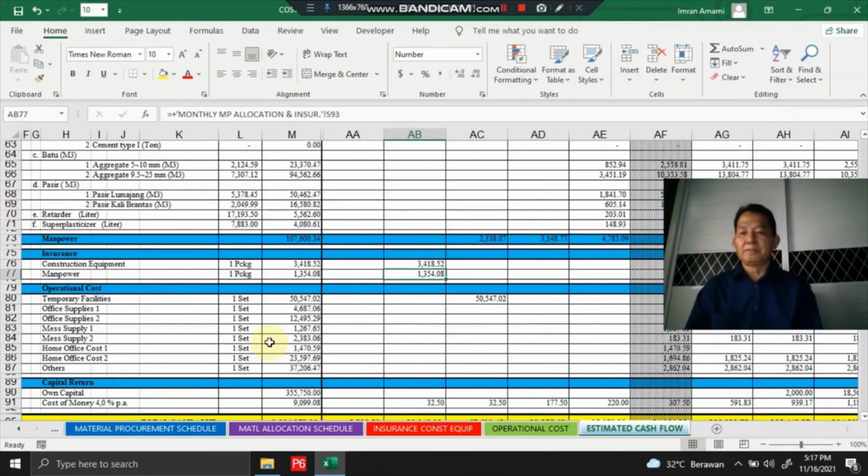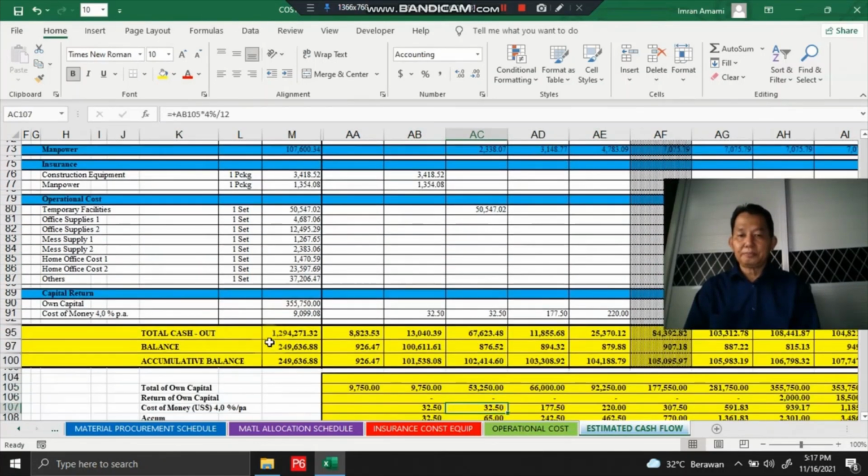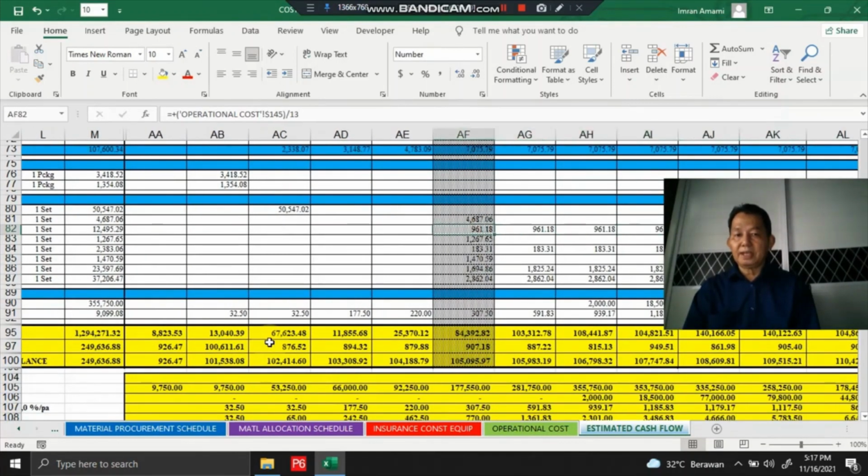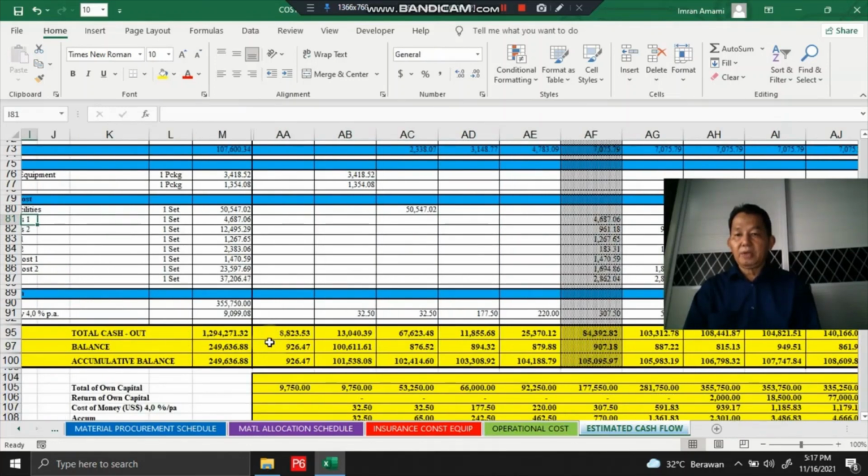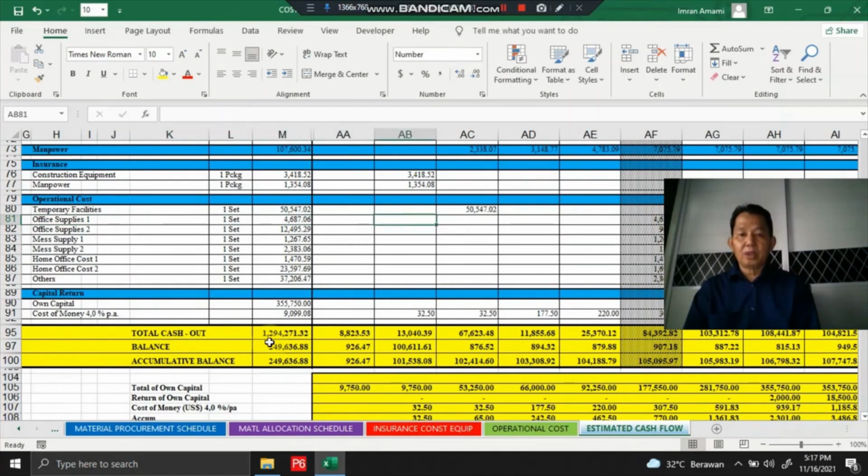Then this is for temporary operational cost, especially for the temporary facility, which we allocate 3 months before the first month of concrete supply. And the mesh supply, we allocate together with the first month of concrete supply.